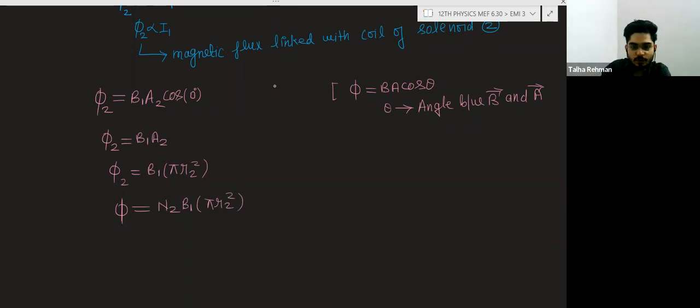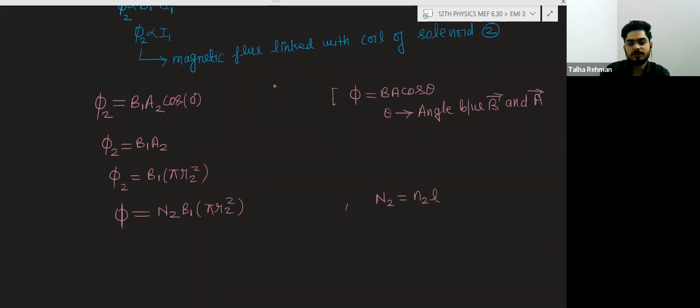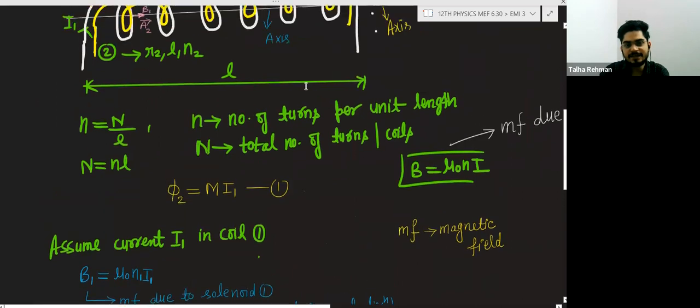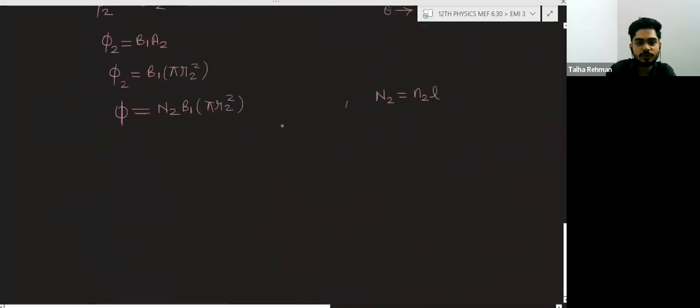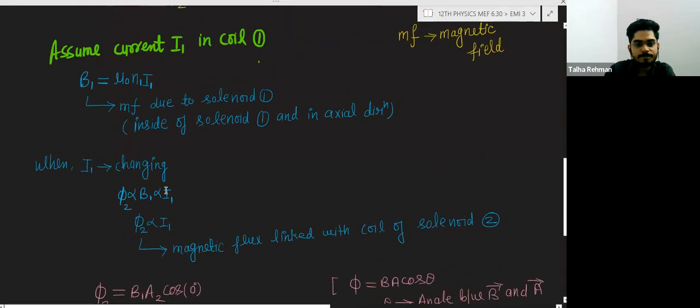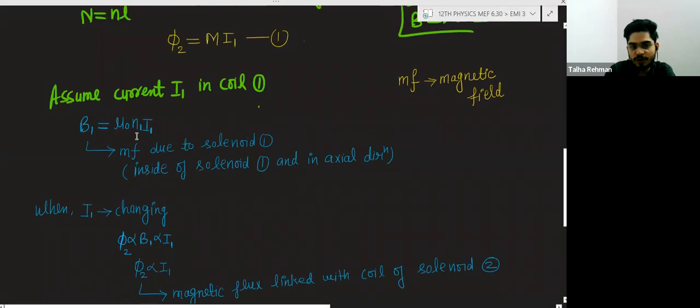Now I have told you N2 is given by small n2 into L. When you put here n2, this will become n, and the length is the same. So you can put this value here. So phi is equal to n2 L. Now B1, what is the value of B1? B1 is mu naught n1 I1.